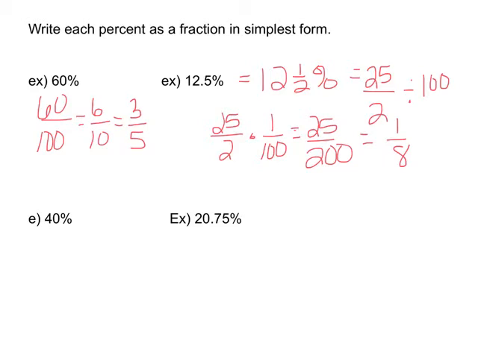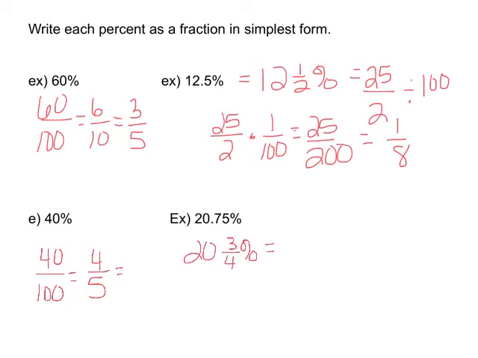Go ahead and pause the video, and I want you to try the next two on your own. So 40% becomes 40 over 100, which will simplify to 4 over 5, which is as far as it can go. And then 20.75% can be rewritten as 20 3/4%.